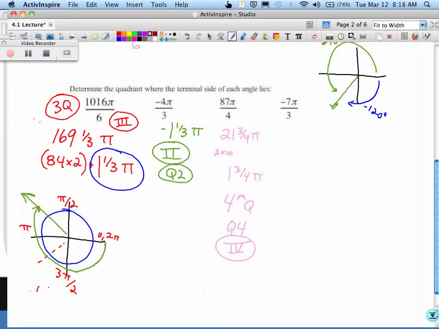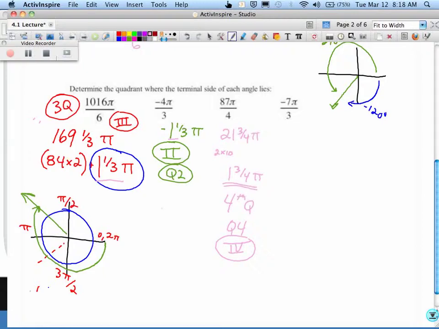Okay, so my question would be, is it really hard to figure out that remainder? In the first one we did 1 1/3 pi, and this one we did negative 1 1/3. And this one I really was concentrating on the 1 3/4 pi.